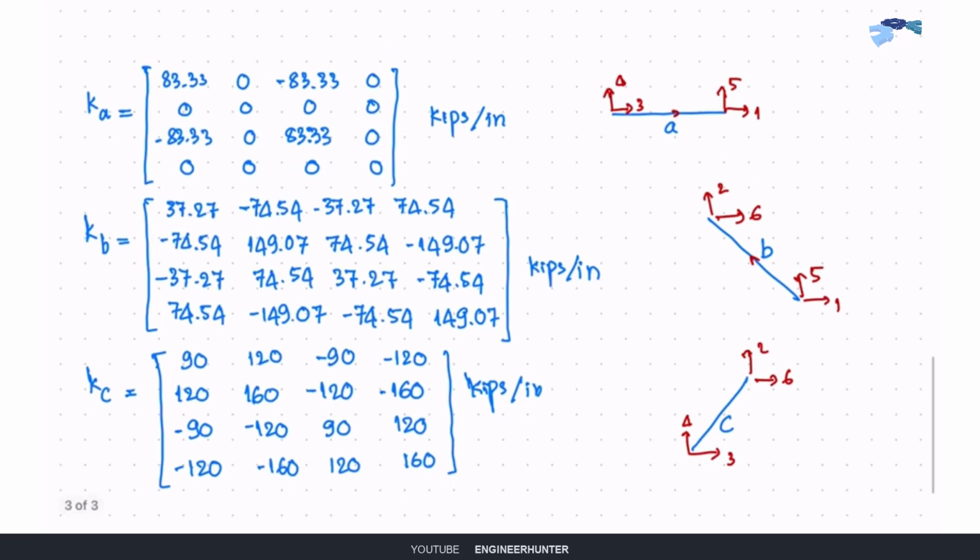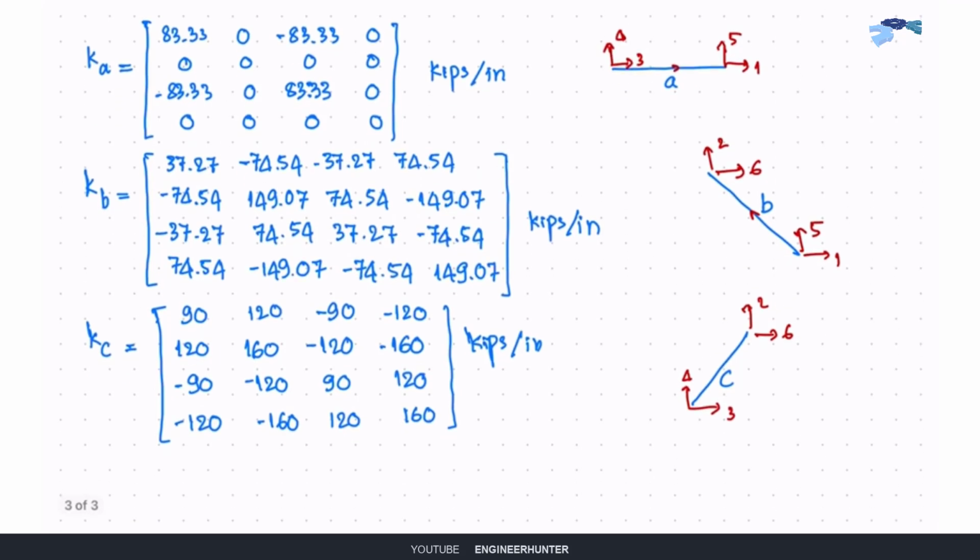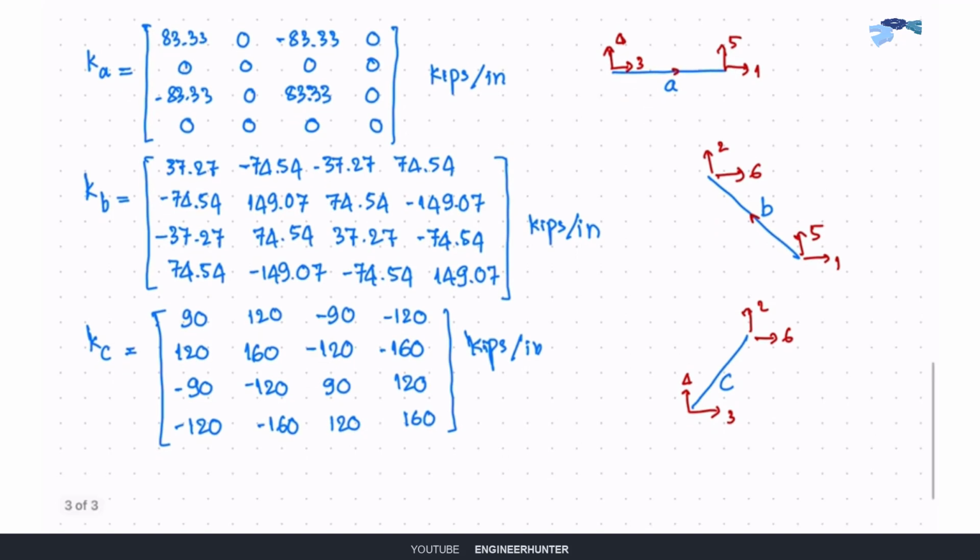So in order to form the global stiffness, you need to define the degree of freedom for each row here. So what I mean is, if you look at the element A here, the first degree of freedom is degree of freedom 3.